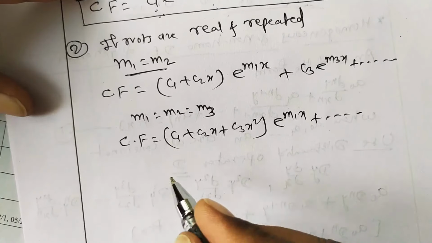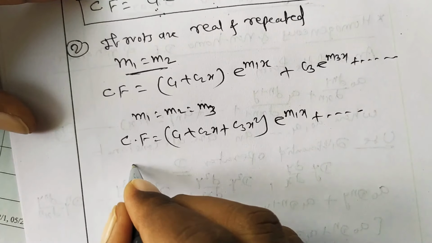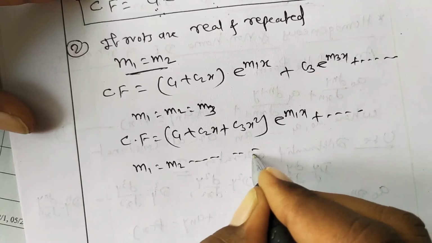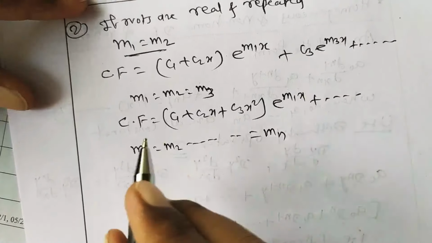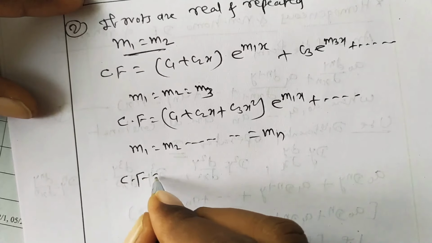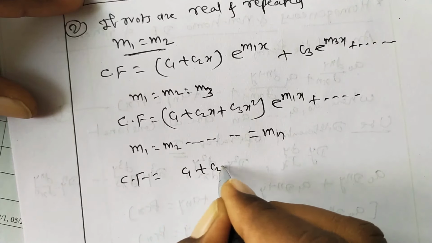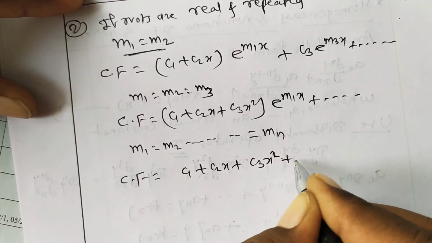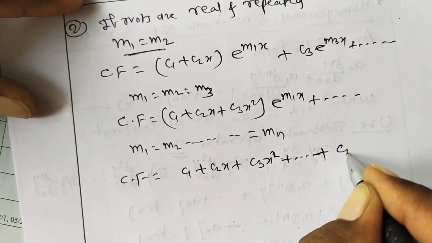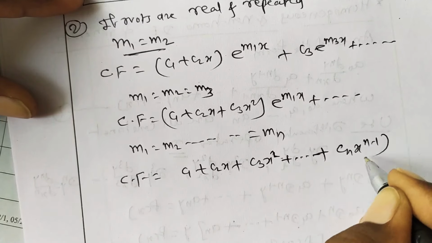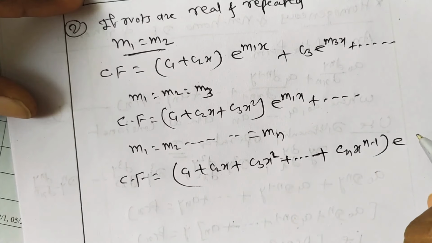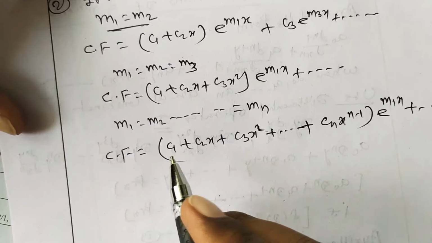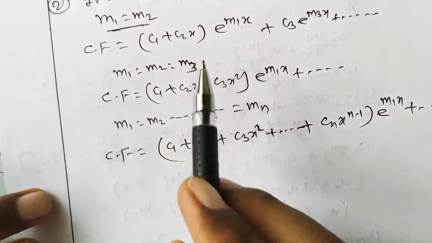In this way, suppose all roots are real and repeated, m1 equal to m2 equal to mn, then the standard formula is CF is equal to (c1 plus c2x plus c3x square plus so on plus cn x raised to n minus 1) into e to the power m1x. So this is related to real and repeated roots.